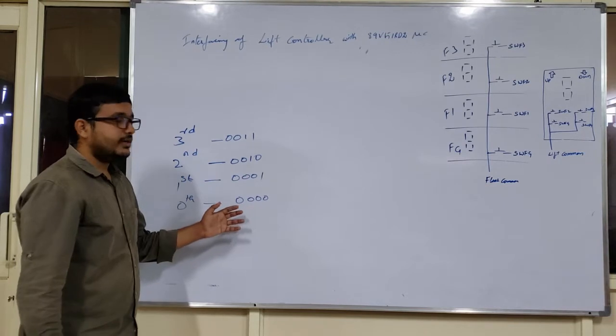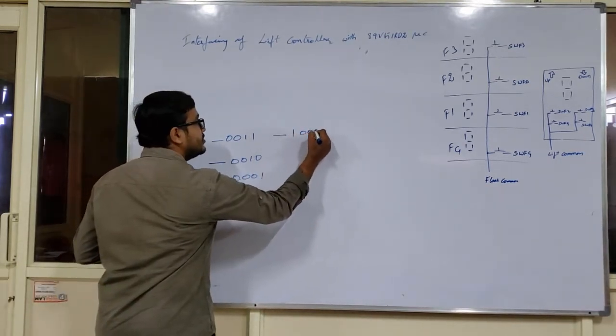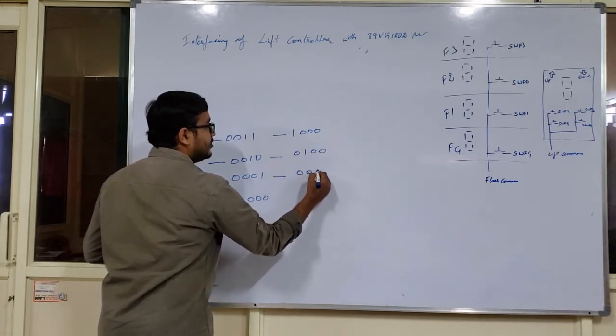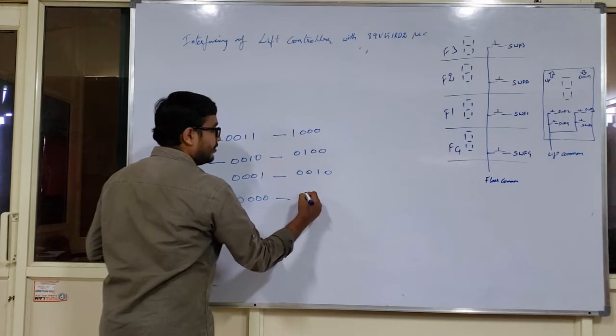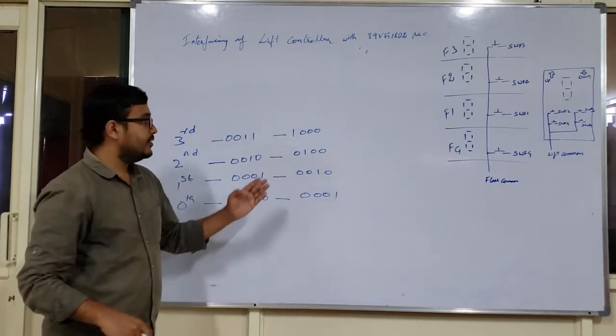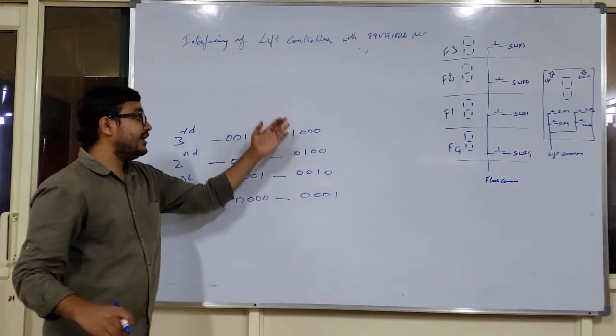But one hot assignment will be, for the third floor, 1, 0, 0, 0. For the second floor it is 0, 1, 0, 0. First floor 0, 0, 1, 0, and for the 0th floor it will be 0, 0, 0, 1. This is one hot assignment, that means assigning a binary value for each and every floor.